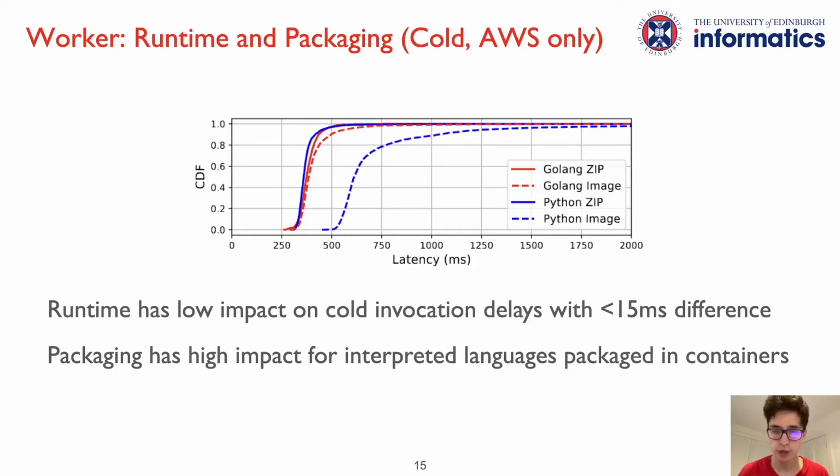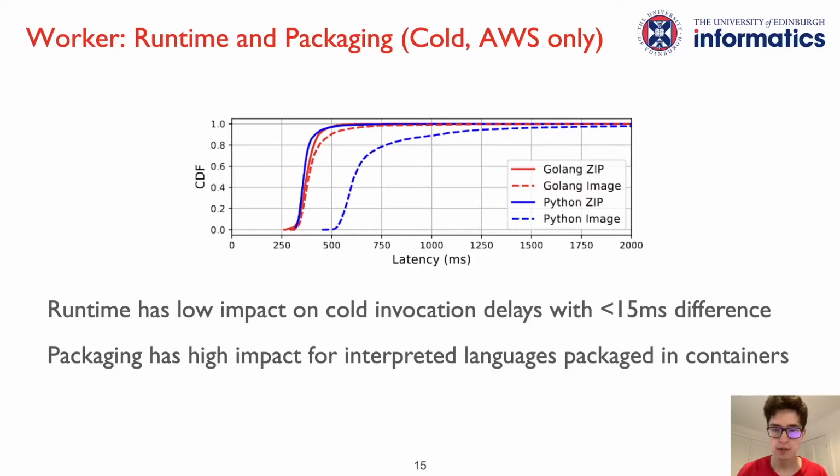One possible explanation of this phenomenon is that a Golang program is compiled as a single static binary, suggesting that both zip and container image comprise the same binaries that are likely to be stored in the same storage service. Meanwhile, for Python, a container-based deployment shows higher median and tail latency compared to the corresponding zip deployment.